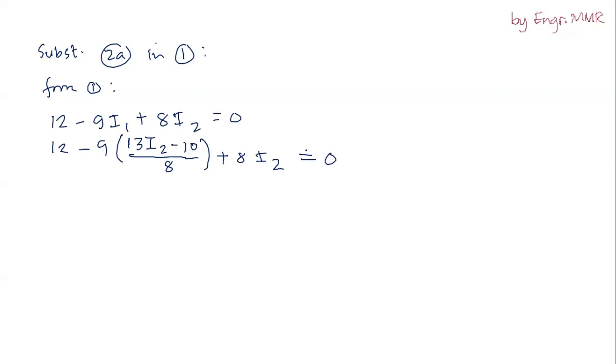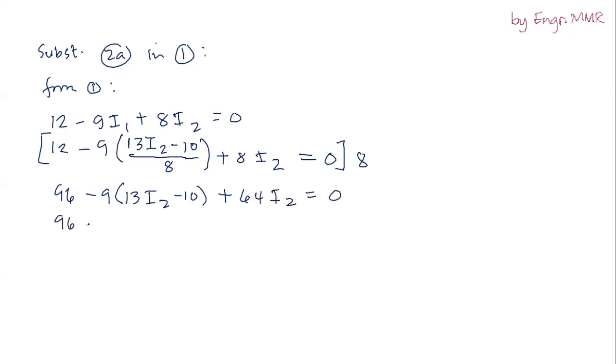Then to get rid of the denominator, which is the 8, we'll multiply both sides by 8. So 8 times 12, that is 96. Then the 8 here, 8 divided by 8, will be canceled. So we have 9 times 13 I2 minus 10, plus 8 times 8, so we have 64 I2, equal to 0.